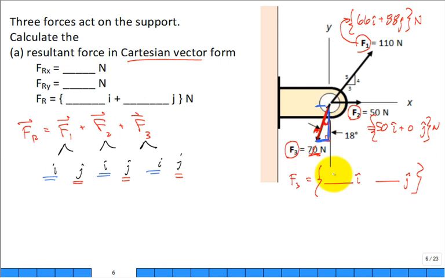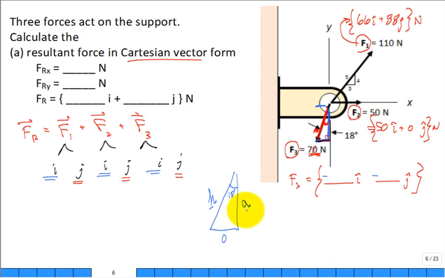And so I right away take ownership of my signs. I know they're going to be negative, negative. And then I have this right triangle. Sometimes it's better to go ahead and blow it out so it's easier to see. This is 18 degrees. This is 70 newtons. This is my hypotenuse. This is my opposite. This is my adjacent for that interior angle of 18 degrees.